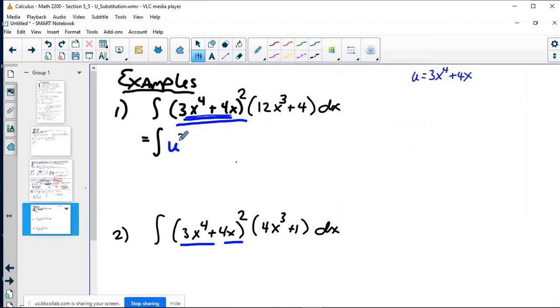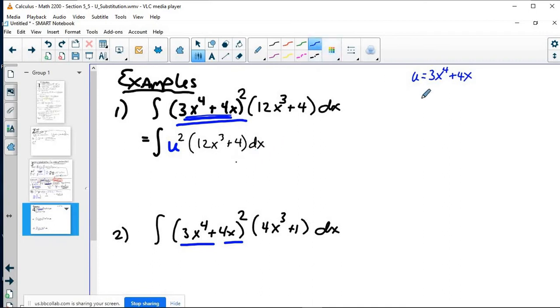The first reason is I want to see what I have left. I need to see what I have left, because when I take the du, that has to take care of pretty much everything else. If it doesn't, I'm in trouble. All right? So I plug in the u, I look and see what else I have left.